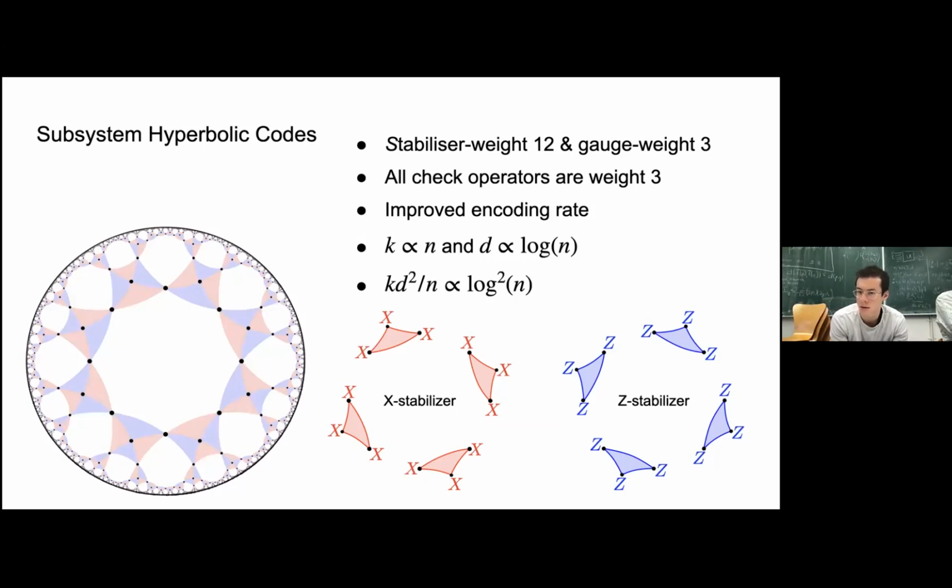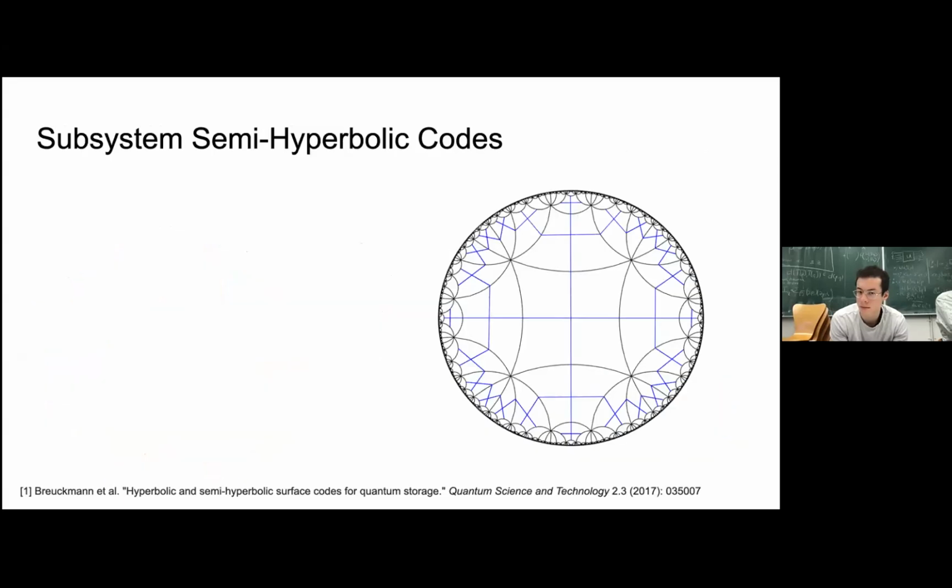At least the distance should be the same as the normal hyperbolic code. Good question. We'll come on to that in one slide. I'll come back to them. I see that applies both to the hyperbolic codes and to the semi-hyperbolic codes. Yes. Okay, so I'll answer your question on the next slide after this one.